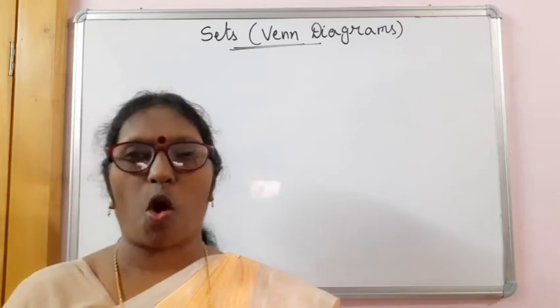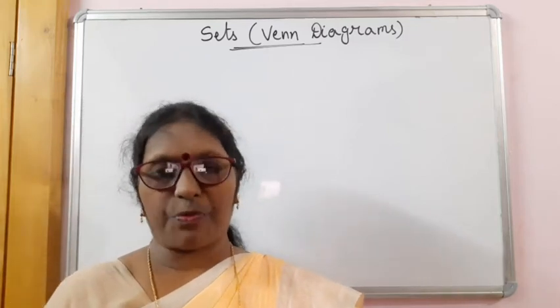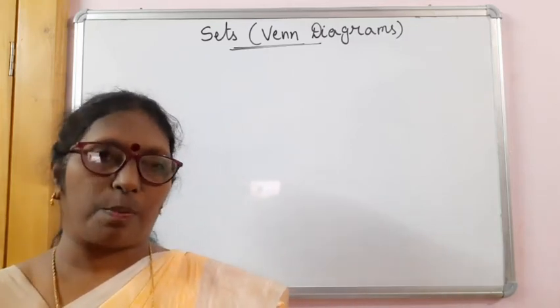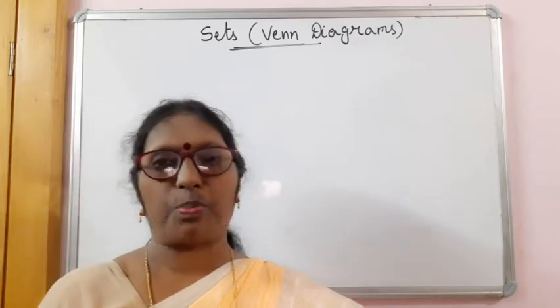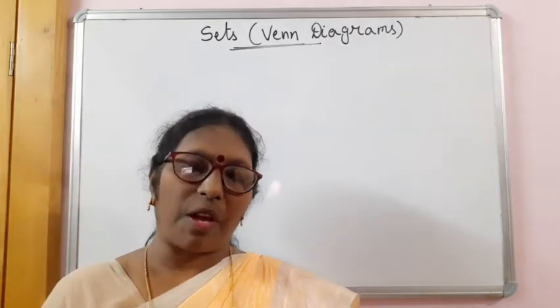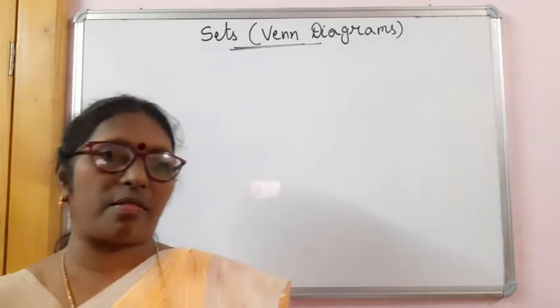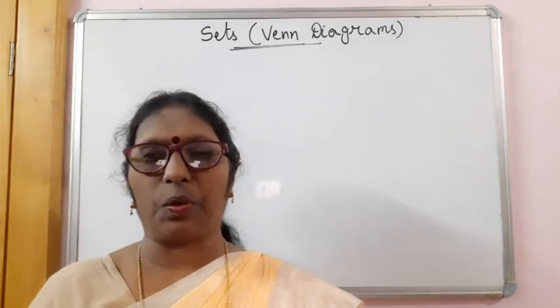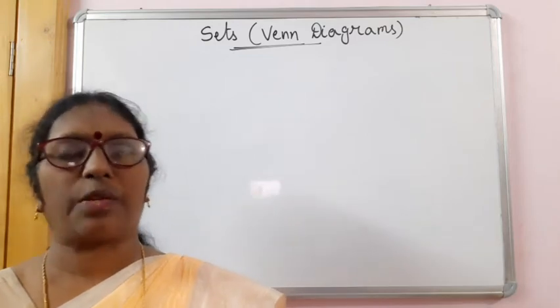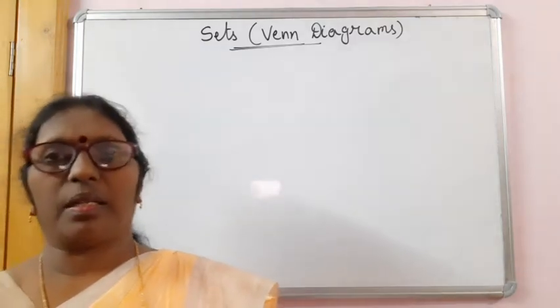Let me explain: if the Venn diagram is given to you, how to find the sets? Or if sets are given to you, how to show the sets in a Venn diagram? Let us learn.